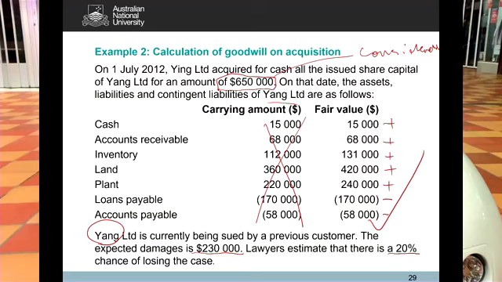But when they are combined, acquired by another company, it has a fair value. The fair value should be just 230. This is the estimated damage, but the chance is just 20%. So this would be the contingent liability, which should be deducted from the total amount of the net assets.